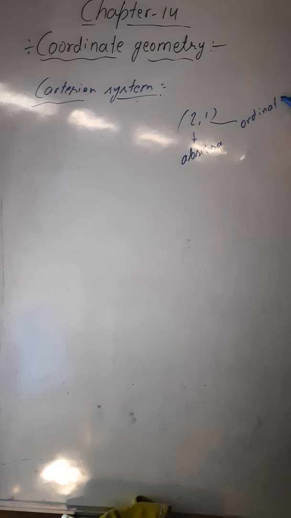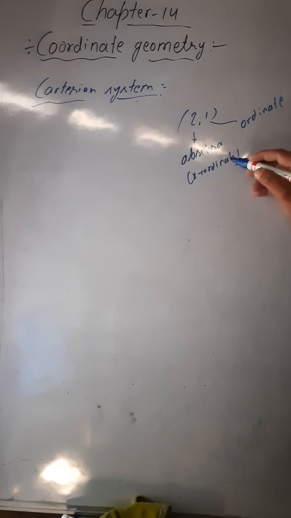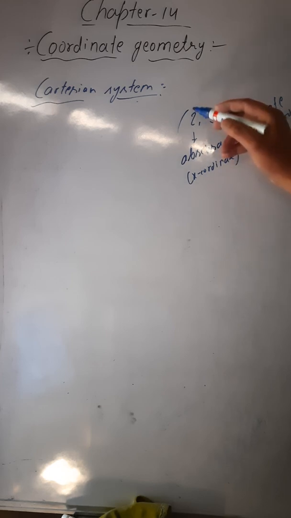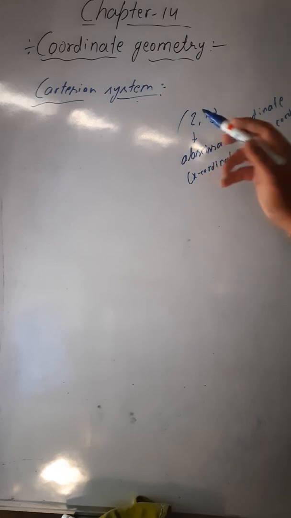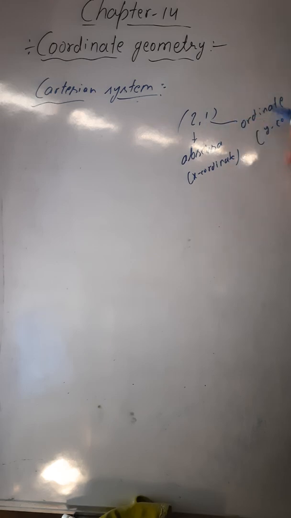Abscissa means this is the x coordinate, and ordinate means this is the y coordinate. So the first number is known as abscissa, the x coordinate, and the second number is known as ordinate, the y coordinate.